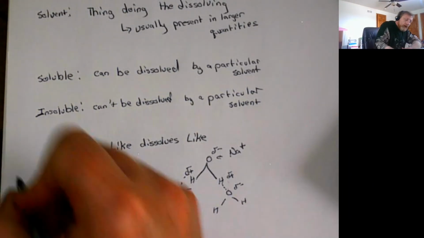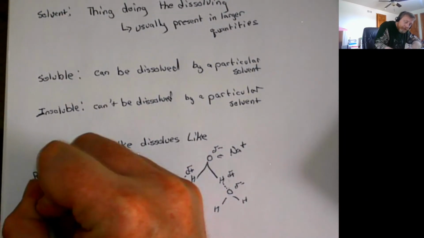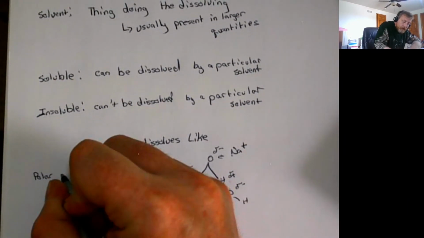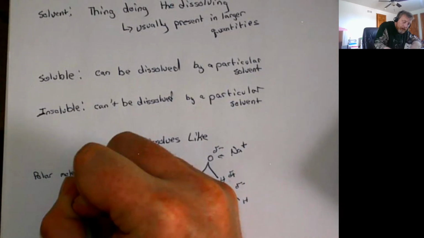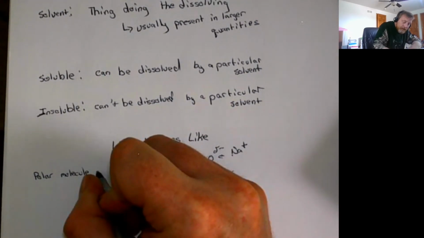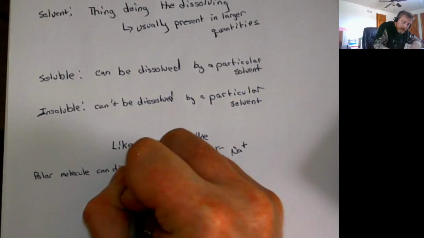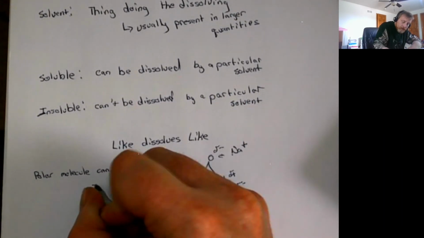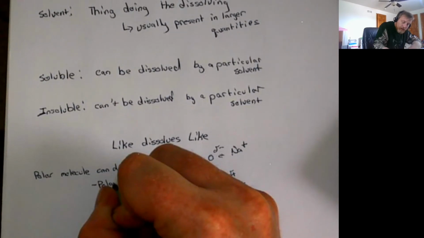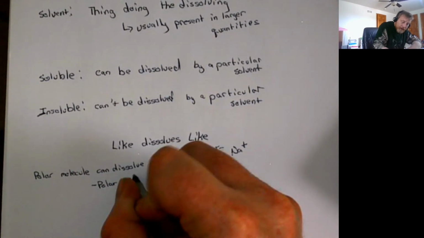And so water, being a polar molecule, can dissolve other polar molecules, and it can dissolve ions.